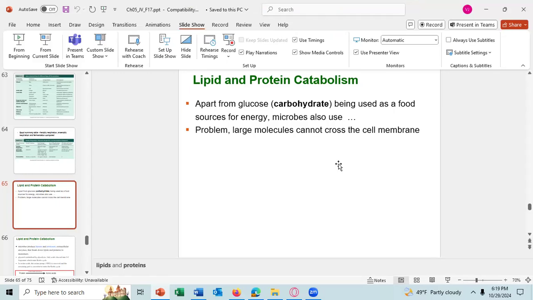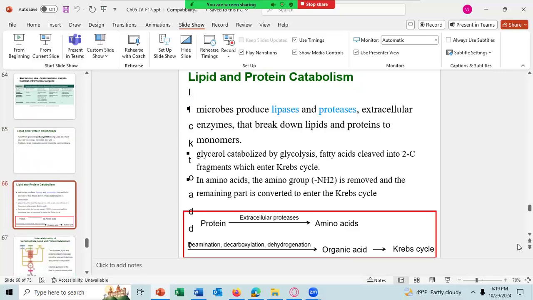There's one problem, and that is a lipid and a protein are too large of a molecule. These large molecules cannot cross the cell membrane and enter the cell. So what the cells do is they produce lipases and proteases and then secrete these enzymes extracellularly and digest the lipid and the protein outside the cell, making smaller subunits.